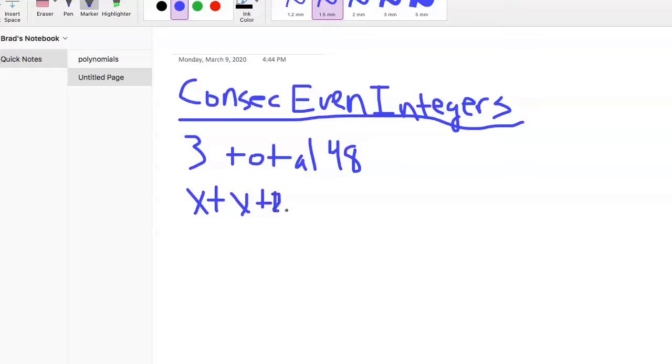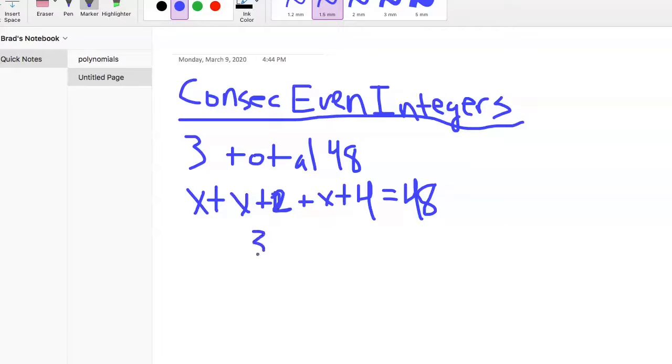Whoops, that's going to be a 2. So we have x plus x plus 2 plus x plus 4 equals 48. That's how you set up the formula, and then you just solve for x.